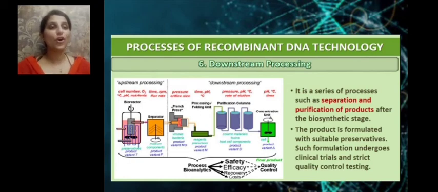The product is formulated with suitable preservatives. Preservatives, we know, increase its longevity. And such formulations undergo clinical trials. It cannot be used initially itself. It has to undergo a series of clinical trials and strict quality control testing, and then only it can be released as a product. So the last step is downstream processing.